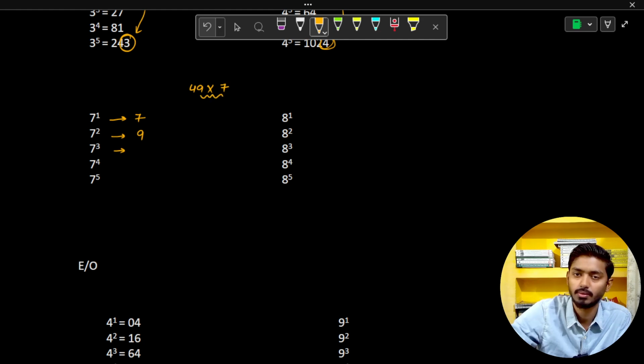No, we are just going to use 9 times 7. That is 63, left with 3. Again, multiply 7 to 3. We are going to get 1. Multiply 7 to 1. We are going to get 7. And as you can very clearly see, the cyclicity goes on with an interval of 4.